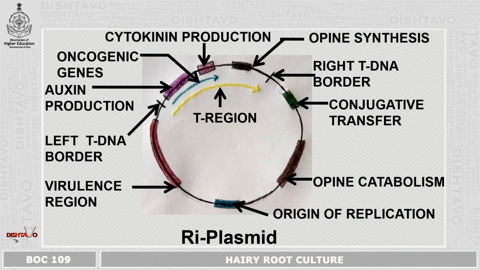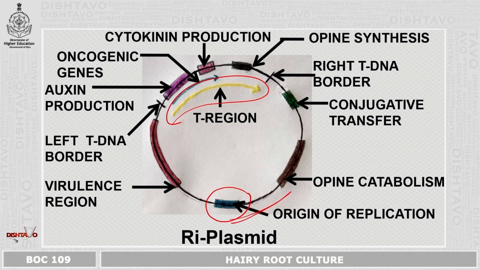The structure of the RI plasmid has a very important region, the T-DNA region, which is responsible for inducing the hairy roots. The origin of replication is the region where replication starts when it goes into the plant genome.